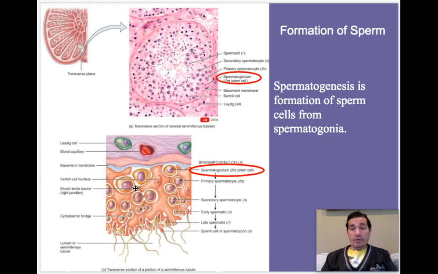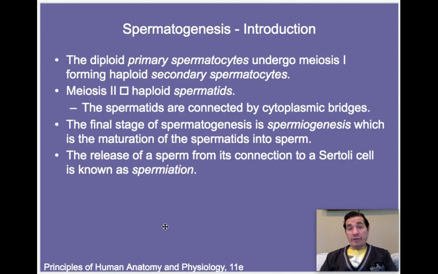They'll go through the primary spermatocyte to the secondary spermatocyte to the spermatid until they become spermatozoa. Now, I do want you to realize that this is all a process. It is the different stages of meiosis where this happens. So when we produce sperm cells, we have the production going through meiosis 1 and meiosis 2.